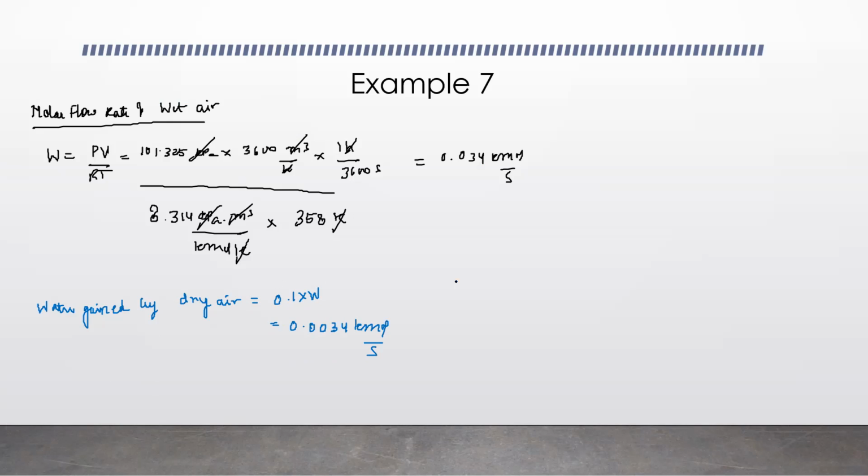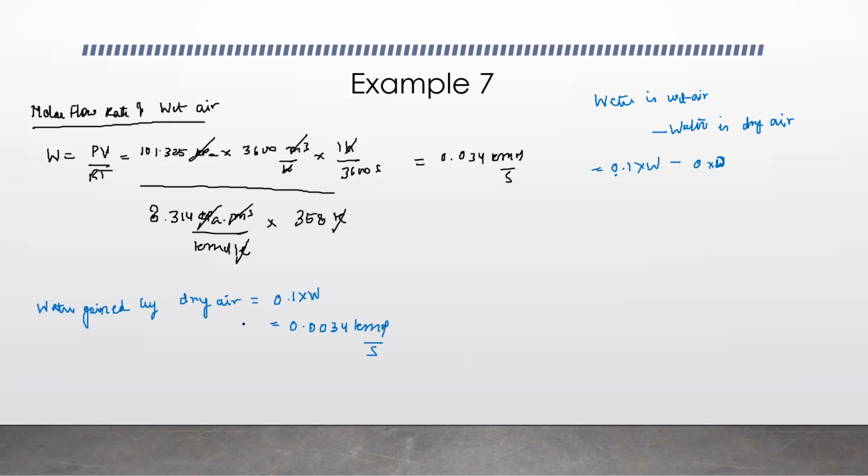This 0.1 into W is basically the water in wet air minus the water in dry air. That is the water that has been gained by dry air. Water in wet air is 0.1 into W and water in dry air is 0 into D. So that is 0.0034 kilomole per second.